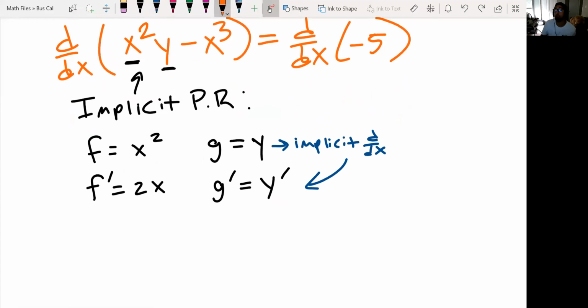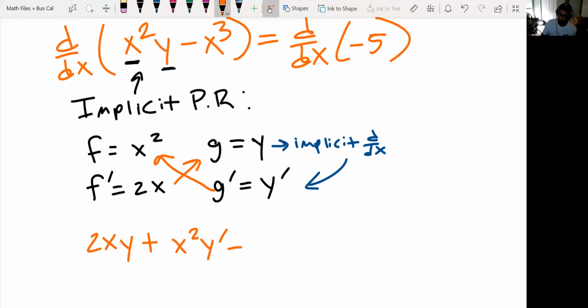So we start by following our implicit product rule. F prime g, 2xy plus g prime f. Y prime times x squared, I will write as x squared y prime.